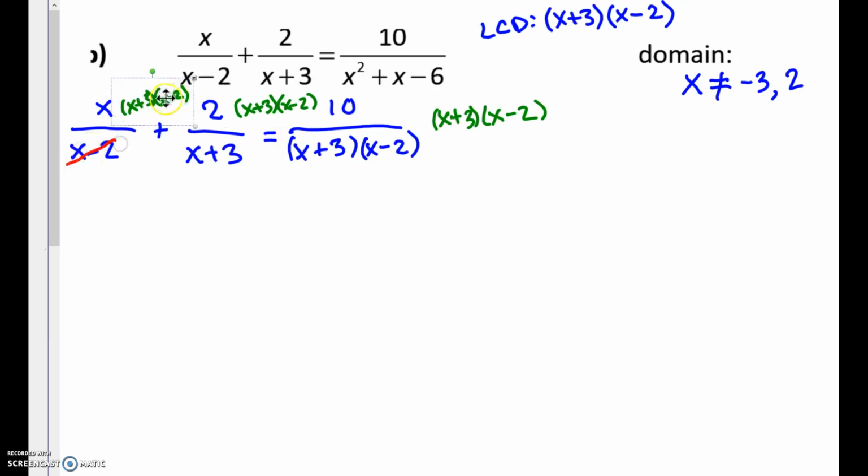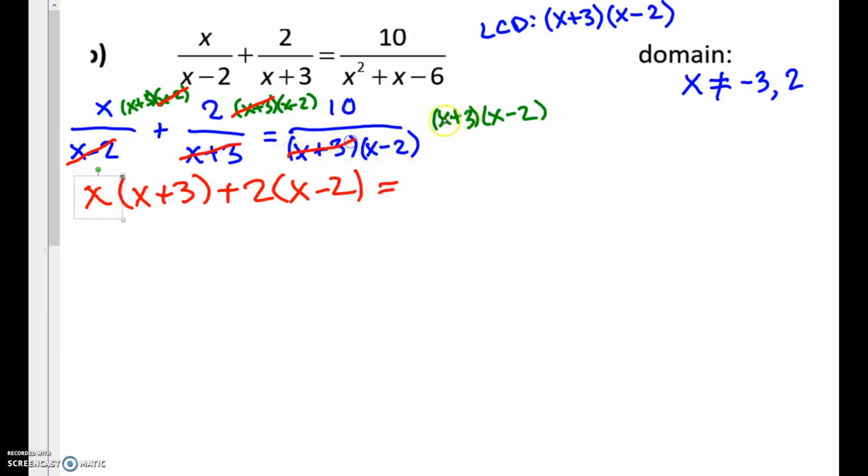The x minus 2's cancel over here, leaving just x times x plus 3. And here, the x plus 3 and the x plus 3 cancel, leaving just plus 2 times x minus 2. And on the other side of the equation, the x plus 3's cancel, the x minus 2's cancel. I'm left with just 10.